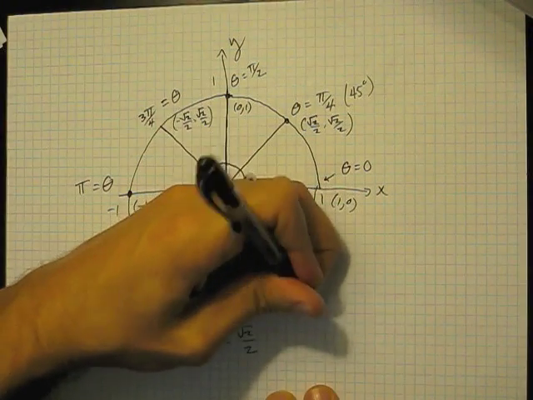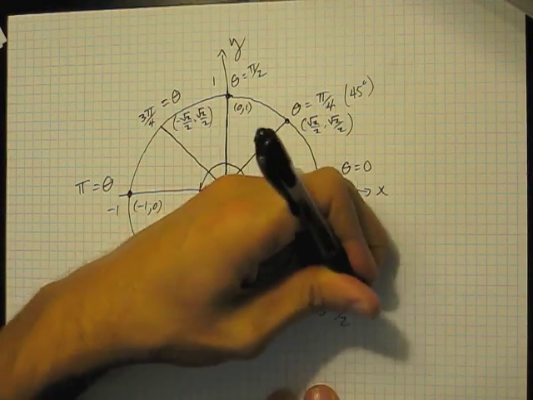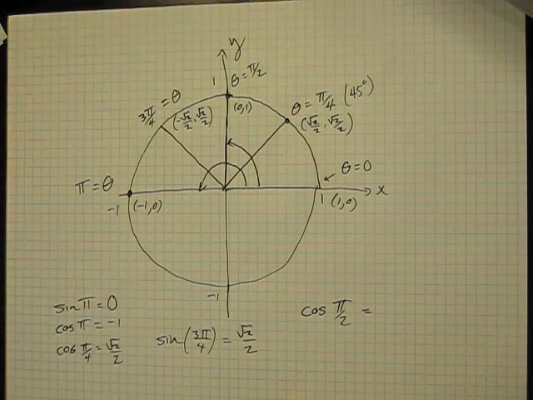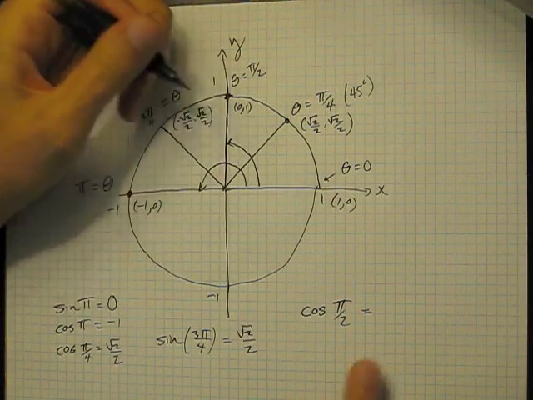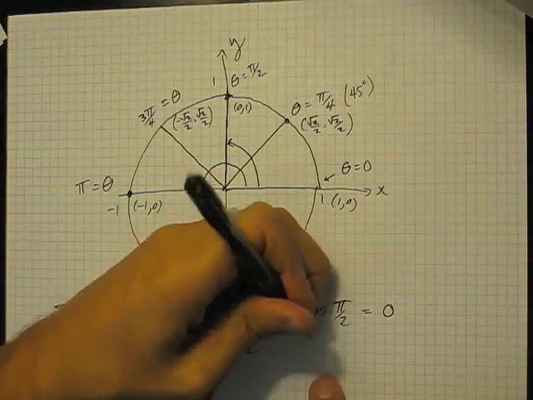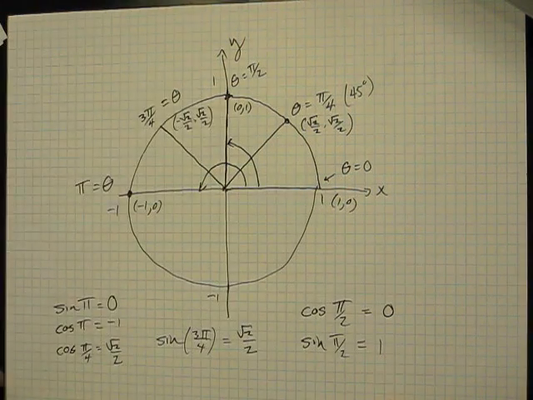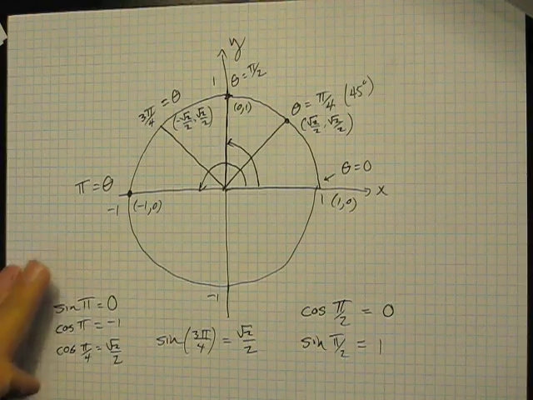Okay, so the cosine, for instance, of pi over 2, well, pi over 2 is 1/4 of the way around the circle, so the cosine is the x value there, it's 0. The sine of pi over 2 is 1 because the y-coordinate there is 1. Okay, so that's how you do trig.